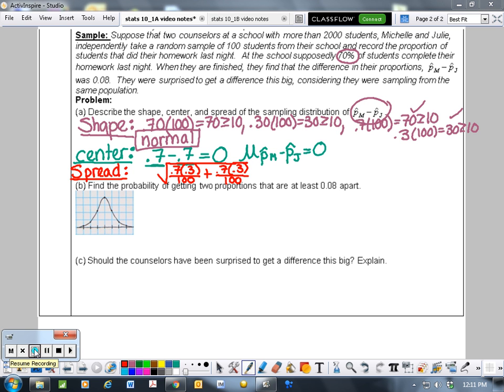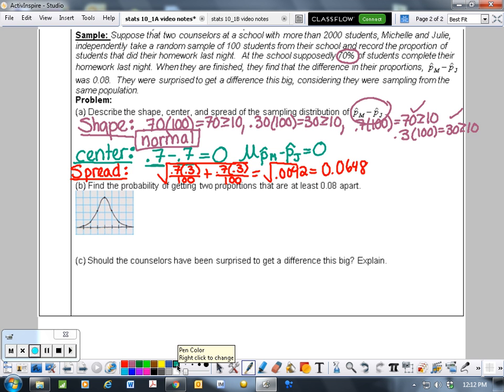And I'm going to get the square root of 0.0042. And I'm going to calculate that. And I get a standard deviation of 0.0648.